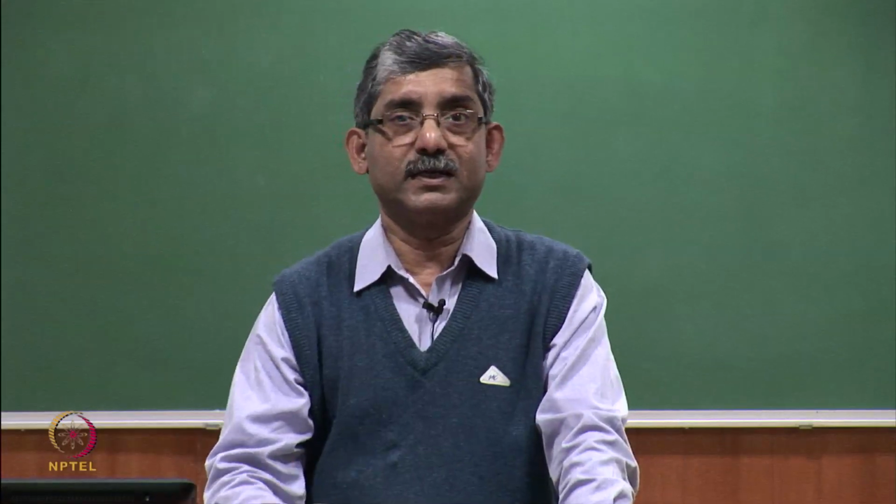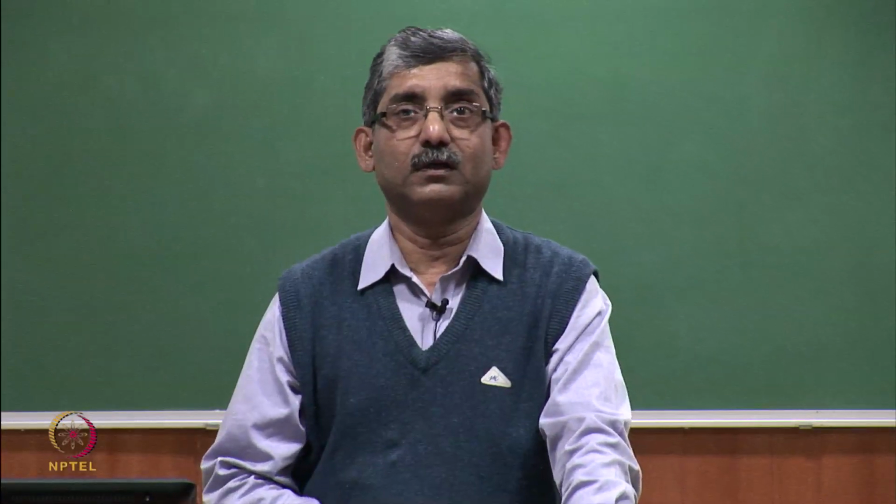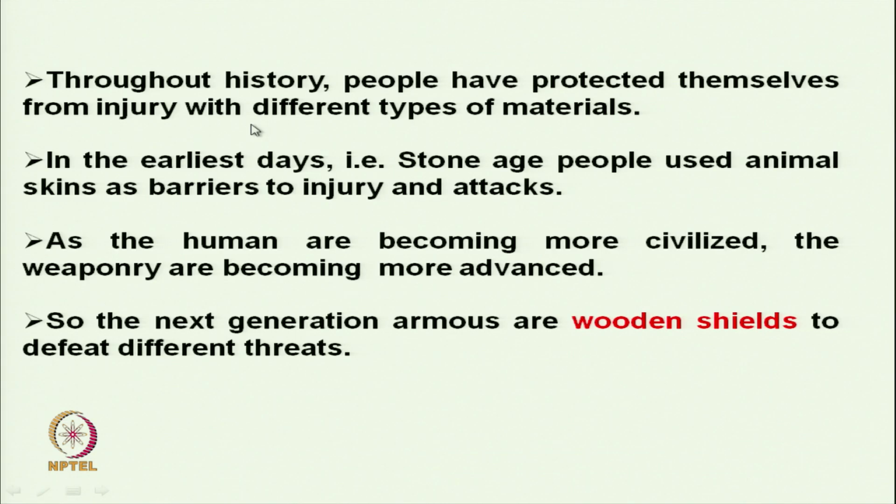First, let us see how body armors evolved. If we see the history, people have protected themselves from injury with different types of material. In the early days, in the Stone Age, people used animal skin as a barrier to injury and attack.